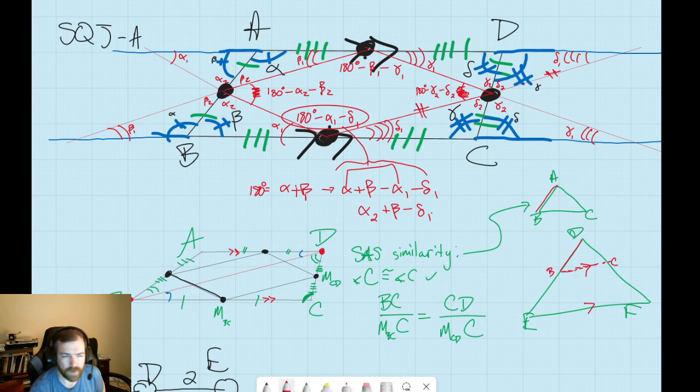So basically you're just copying the original triangle and slapping it onto this other one. Right, DQ equals AC. Oops, Q. Yeah, B prime, C prime, A prime.